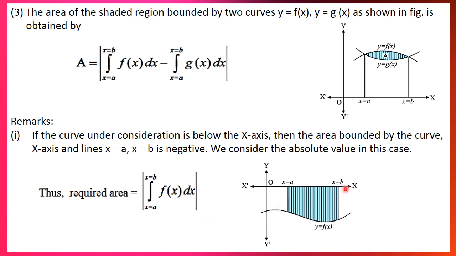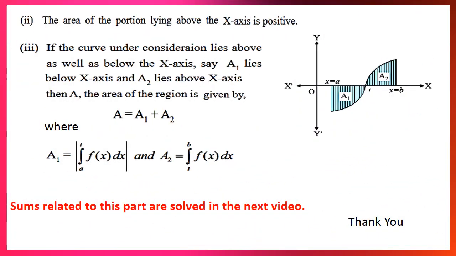The curve will be like this, below the x-axis. We learned the area below the x-axis will be negative, but we consider it as positive by taking the absolute value. The area of the portion lying above the x-axis is always positive.